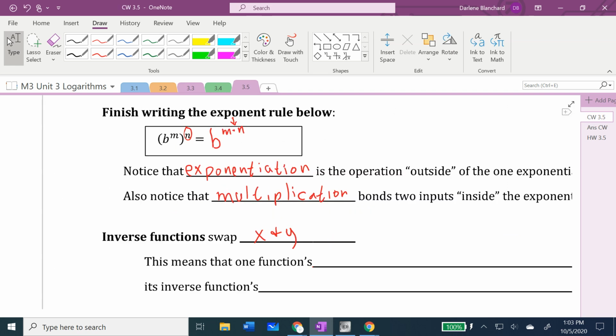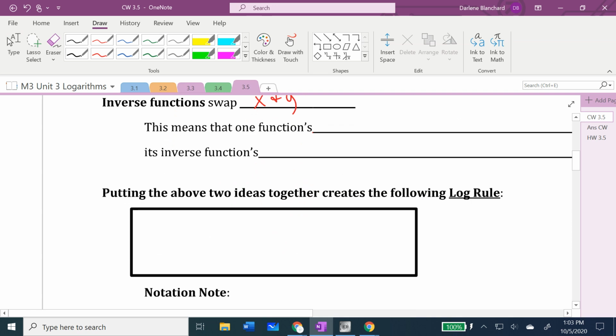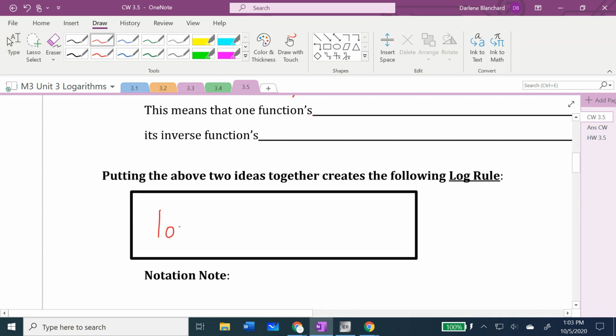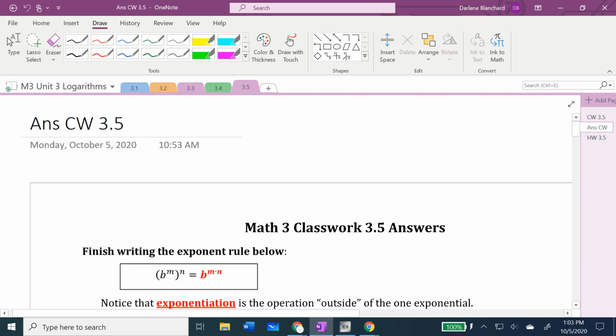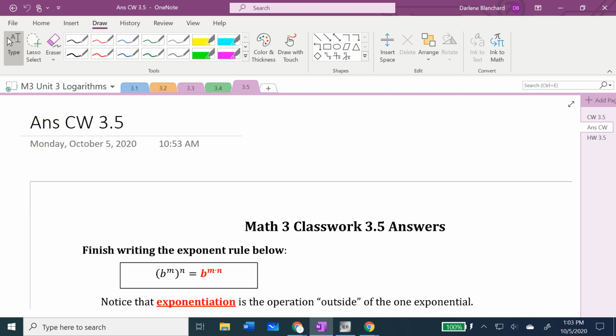I want to say again, you have an exponent outside of the function. So now what we're going to do is write a logarithm. Log base b of, I can't remember which letters I used. It's just going to bug me if I don't use the same letters. I used X and P. Okay.